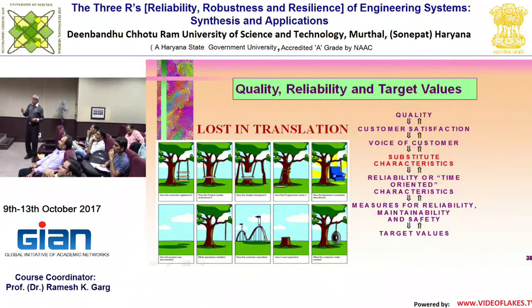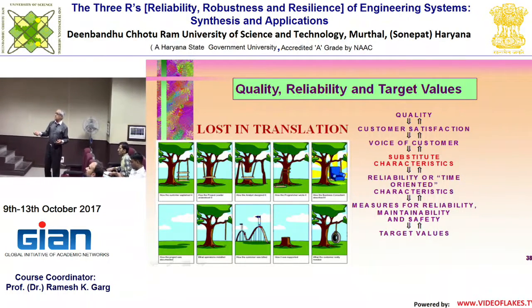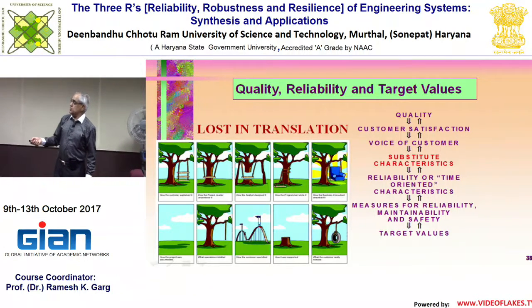And this slide was trying to show what the customer wants, and then the process that engineers design, and the steps that the engineers go through. So you can see this is what the customer wanted. If you're a boy, you say, I want to swing in my village, you can just get a tire and then you can swing. But the engineers don't understand that.